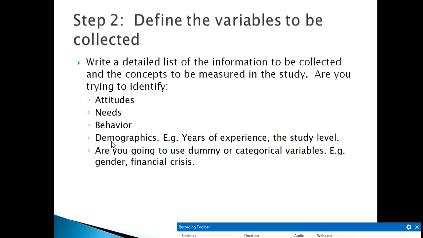For example, if we are going to have gender in our research or financial crisis. So the dummy variable is a variable that takes two values.